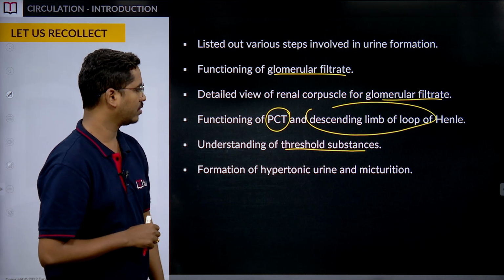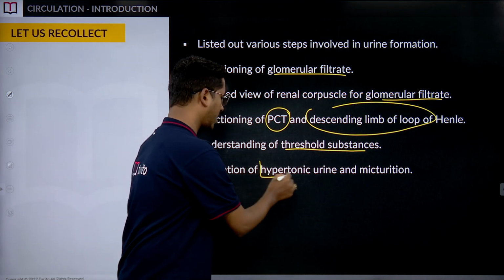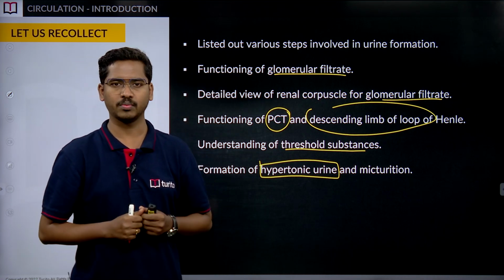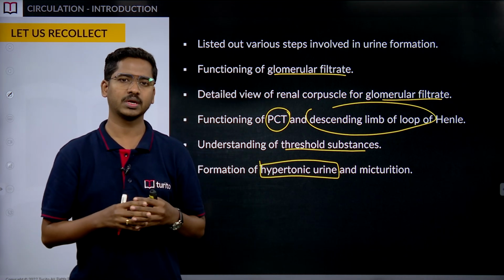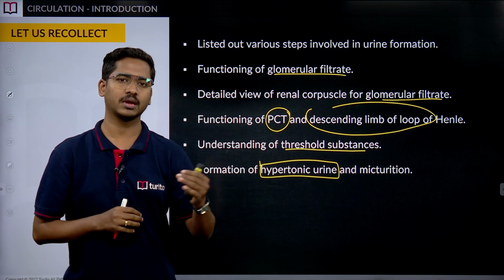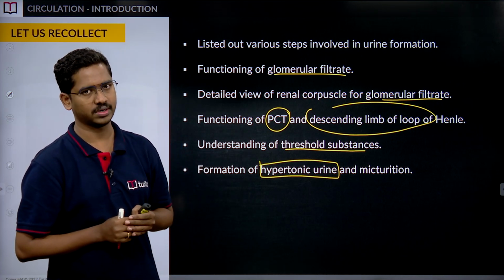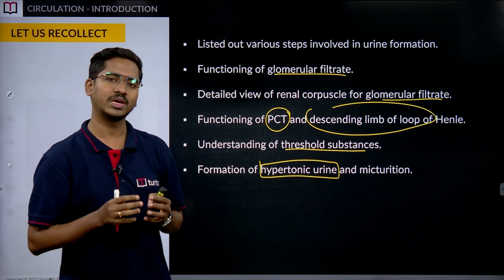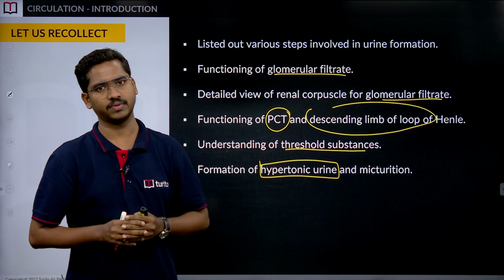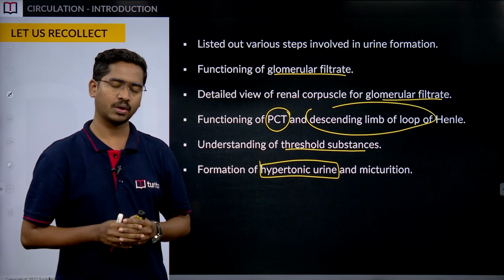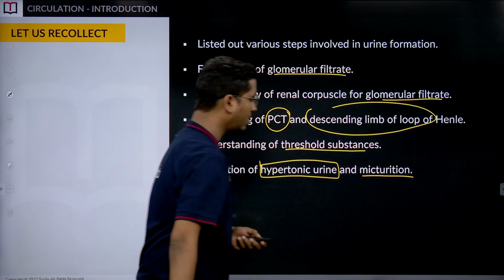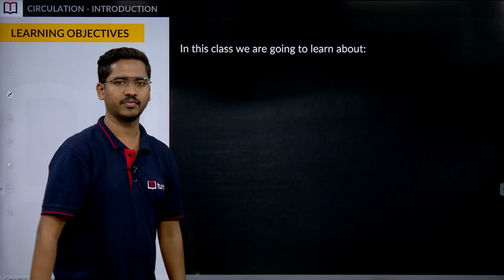We also looked into the final step, that is hypertonic urine formation. The urine which is formed has hypertonic concentration, that means a higher level of solute concentration. The way this urine is expelled out of the urinary bladder accounts for the process of micturition. This is what we have done in the previous session.